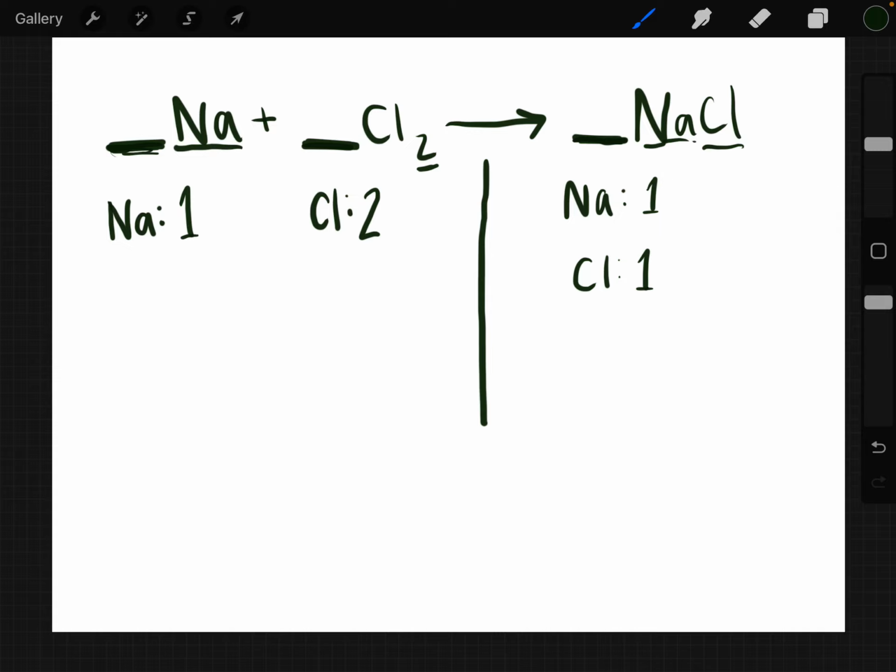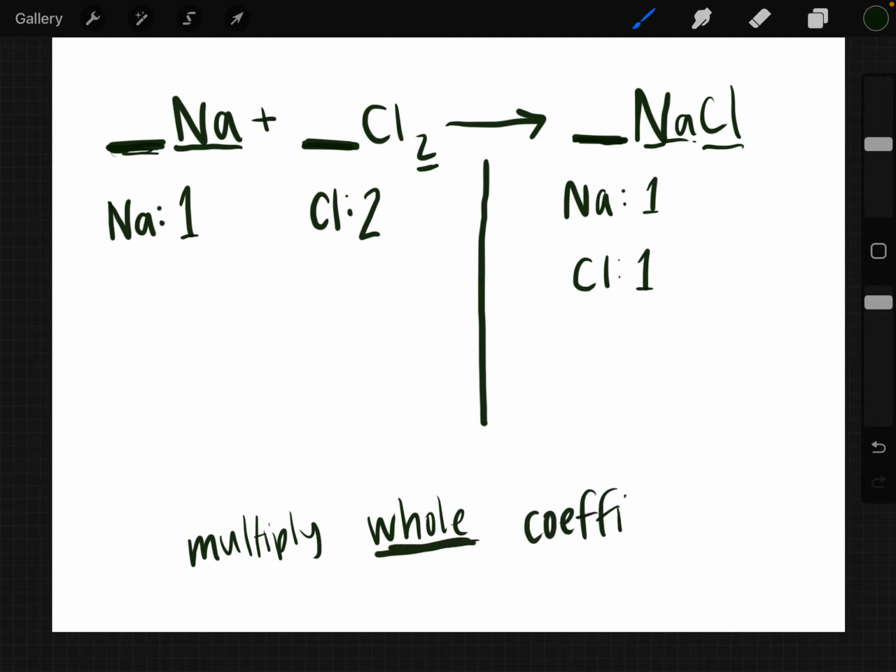And for the NaCl, if I had a 3 right there, it would distribute to both the Na and the Cl. So, we are allowed to multiply by any numbers we need to as long as they're whole numbers. And we can only do it in the coefficient slot. You are never, ever allowed to mess with these guys unless you're writing a chemical equation. But right here, we're just balancing.